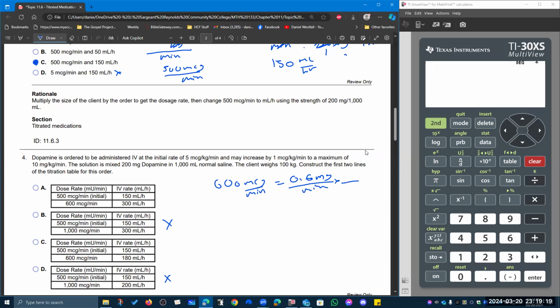And then that times the concentration of 200 milligrams in 1,000 milliliters is going to be 3 milliliters per minute, and I want milliliters per hour, so 60 minutes over 1 hour will be 180 milliliters per hour. That'll be option C.